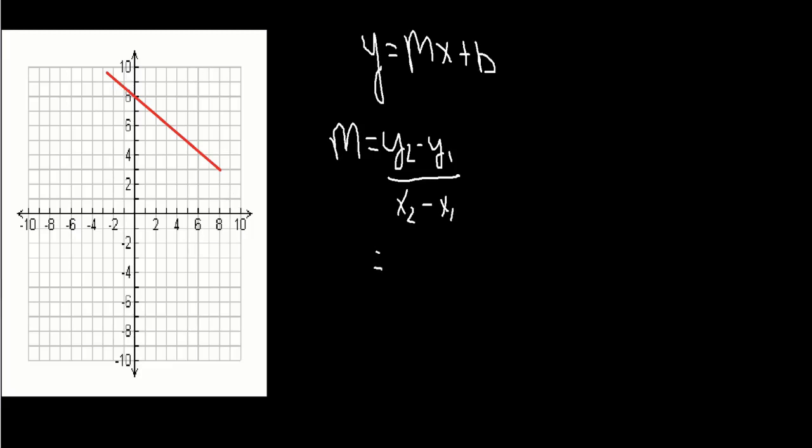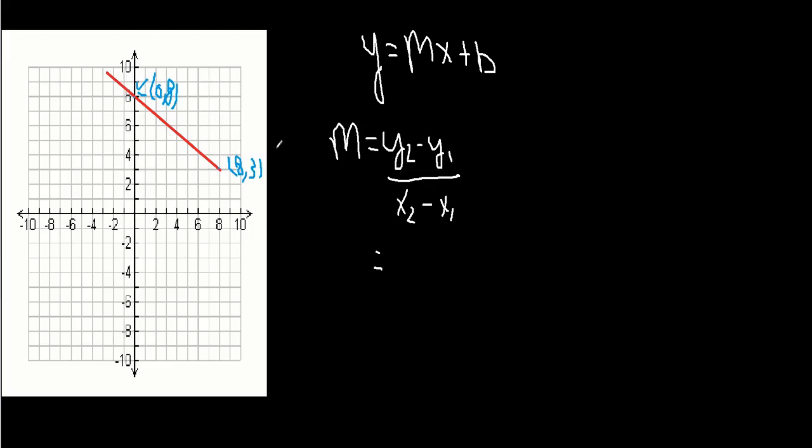And again, you can take 2 points on our graph. So let's say we have this point here, which is 0, 8. So that's our point here, and we could take another point here, and this point is 8, 3.